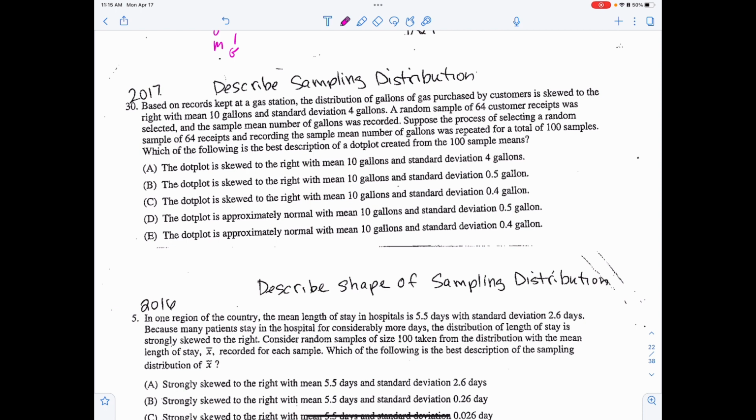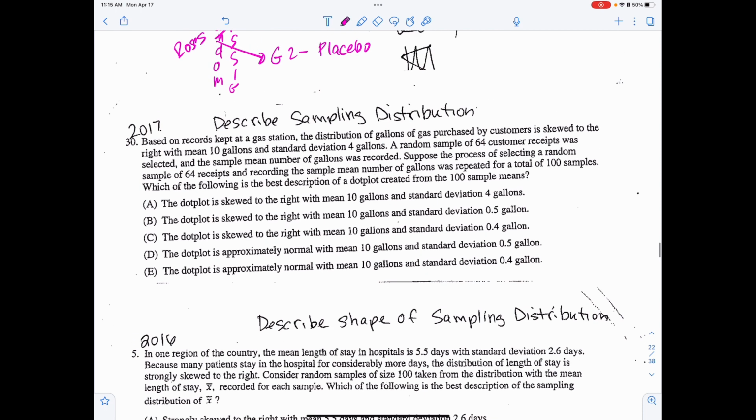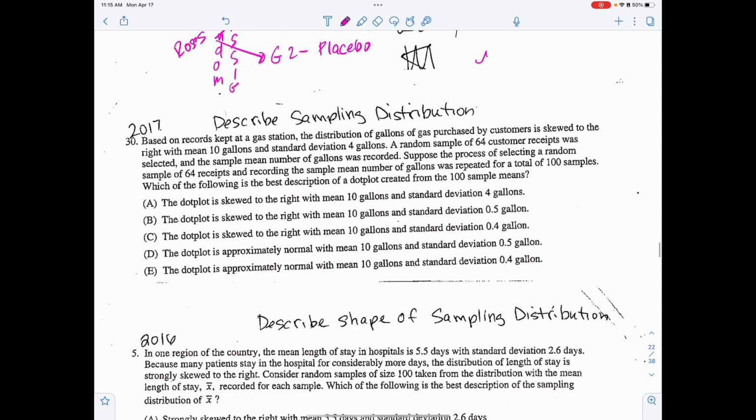Okay, describe the sampling distribution. So let's remind ourselves of the sampling distribution. For a sampling distribution of proportions, the mean equals the population proportion, and the standard deviation is going to equal the square root of pq over n. Sorry, I was going to put p-hat q-hat over n. There we go, pq over n.